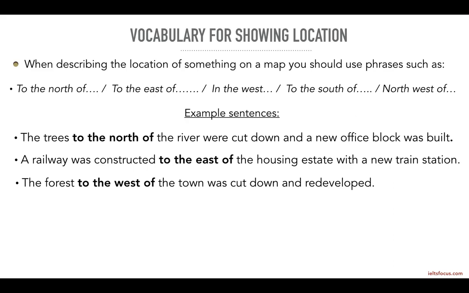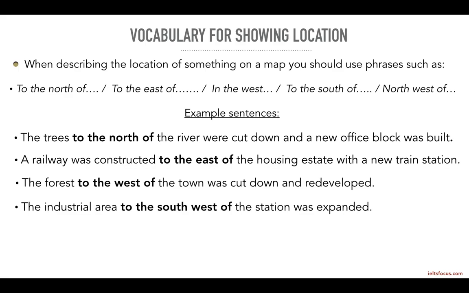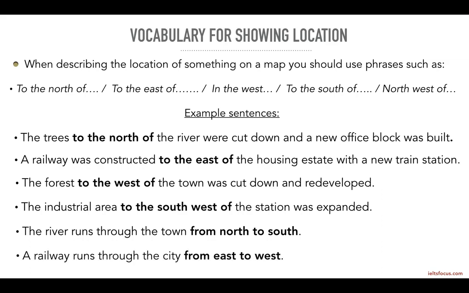The forest to the west of the town was cut down and redeveloped. The industrial area to the southwest of the station was expanded, and the river runs through the town from north to south. A railway runs through the city from the east to the west.